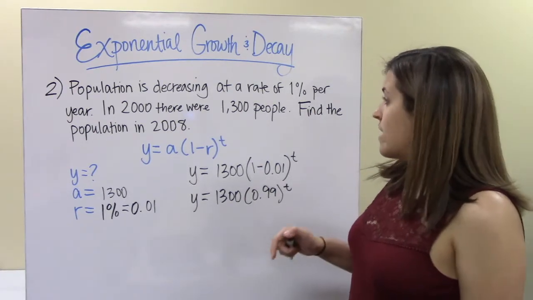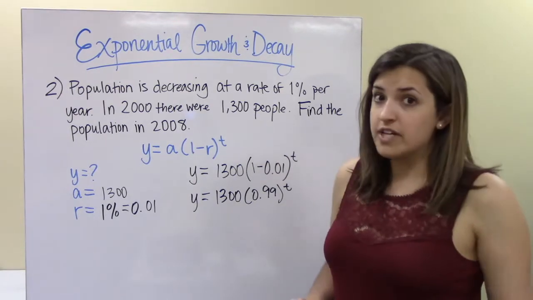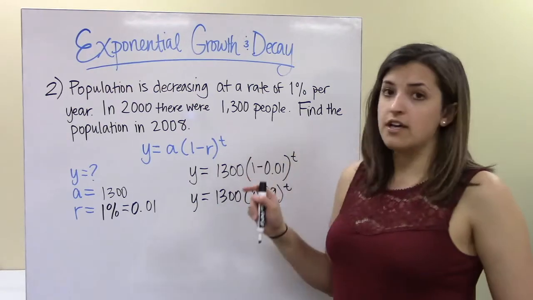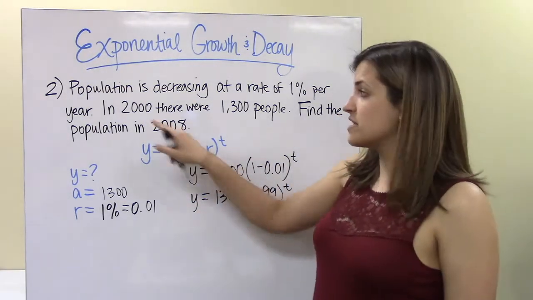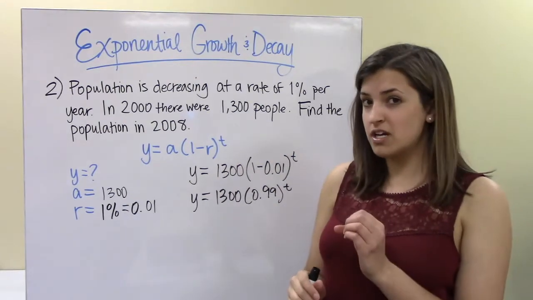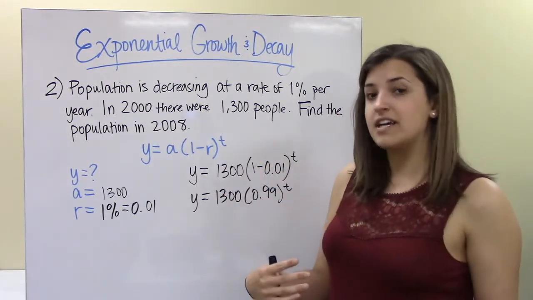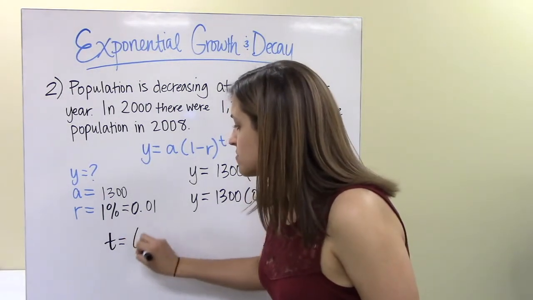So now let's evaluate what the population would be in 2008. Be careful here. We can't just plug in 2008 for t because we started in 2000. So if 2000 is like our 0 mark, then 2008 is going to mean that our t has to be 8, because that's 8 years after we started.